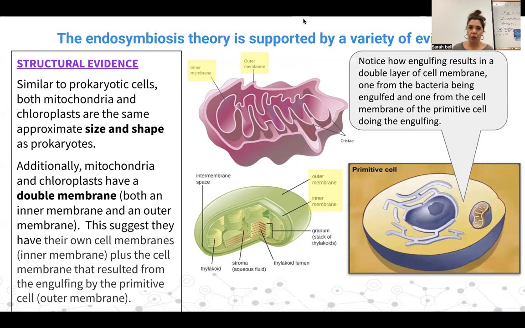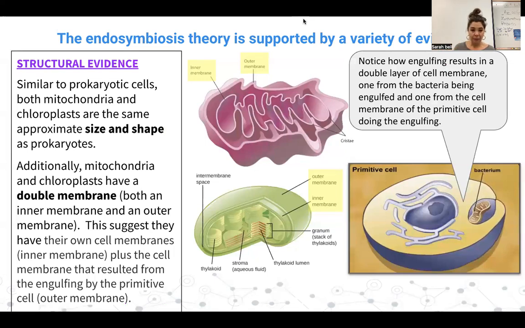So let's start off with structural evidence. First off, mitochondria and chloroplasts are just similar in size and shape to many prokaryotes. So that's a pretty simple one. And by itself, size and shape is not enough to convince me, right? Like, if that's all the evidence I had for endosymbiosis theory, I would dismiss it.